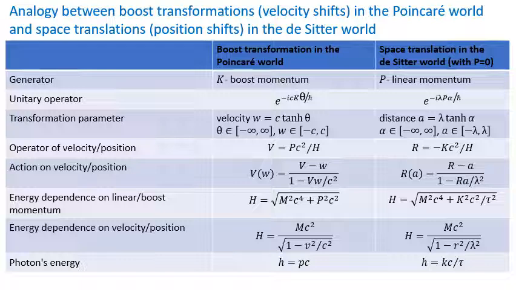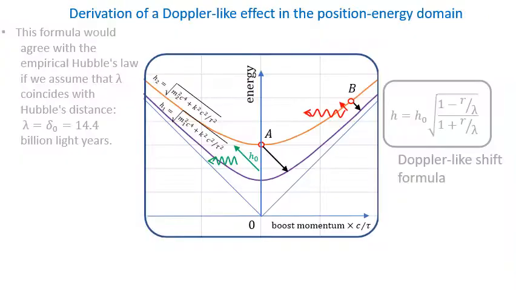We already mentioned the linear relationship between energy and momentum of Poincare photons. According to our analogy, the energy of de Sitter photons is proportional to their boost momentum. Now we are well prepared to handle the formula for the redshift effect in the de Sitter world.